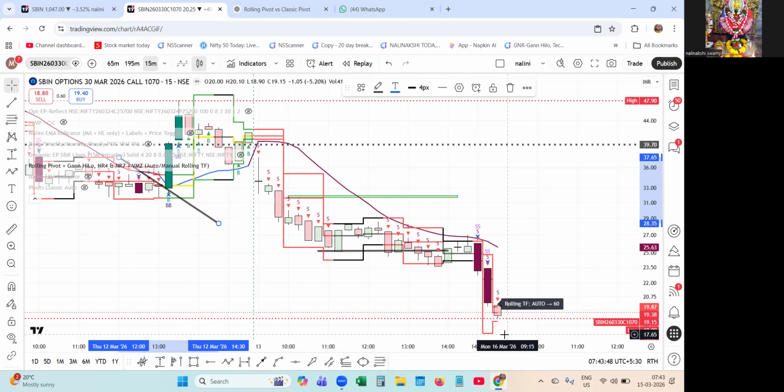Even the gap downs and gap ups will not disturb you because you will have hourly guidance on the market. When it gaps down, this is the guidance.